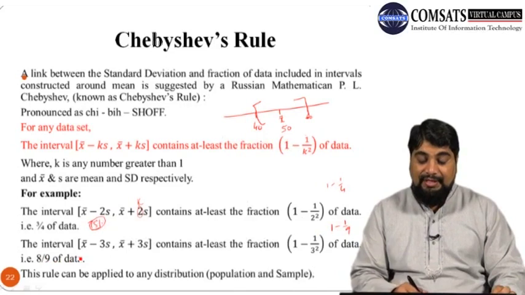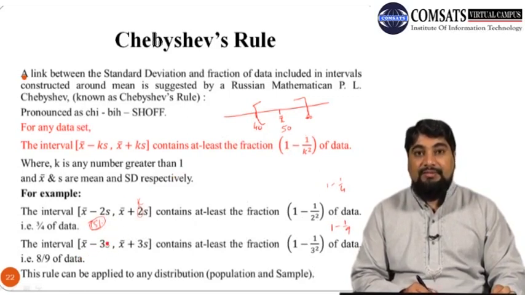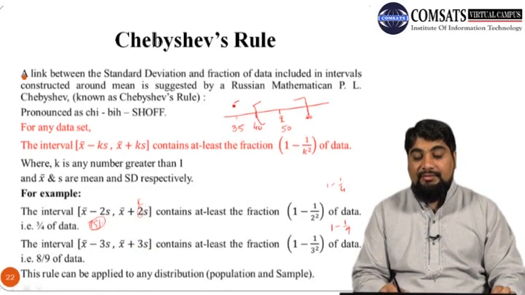So in this case, if again x bar is the same, 50, and s is 5, so 50 minus 3 times 5, which is 15. So 50 minus 15 and 50 plus 15. So 50 minus 15, we get 35 as the lower limit, and 50 plus 15, 65 as the upper limit.